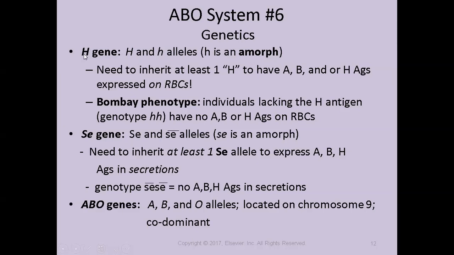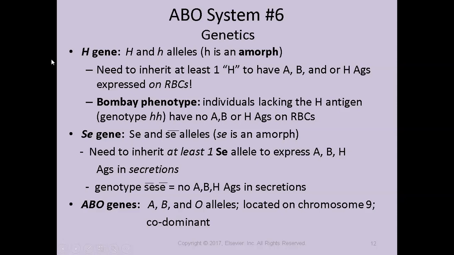Okay, so why are we looking at big H? You need to inherit at least one big H from your mother or your father in order to have A, B, and or H antigens expressed on your red cell membranes. Okay, so it is linked to whether A and B can be there as well.